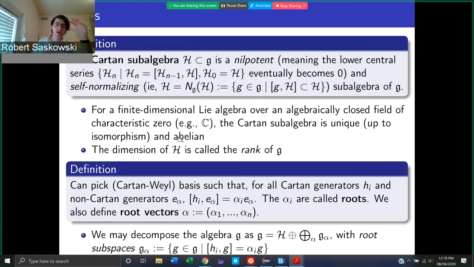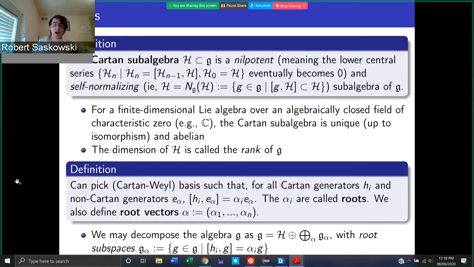And the abelian nature works well with our notion of compatible observables. Now, in general, we refer to the dimension of the Cartan subalgebra as the rank of the algebra.